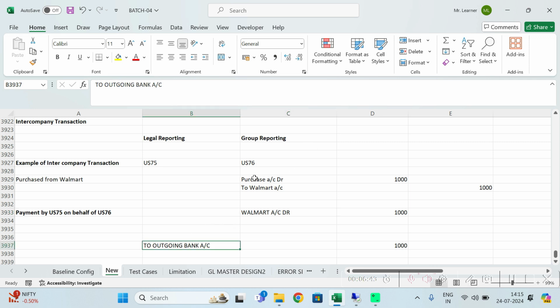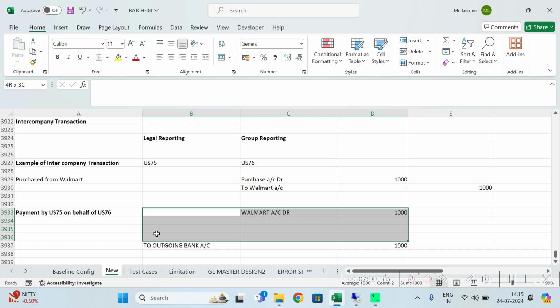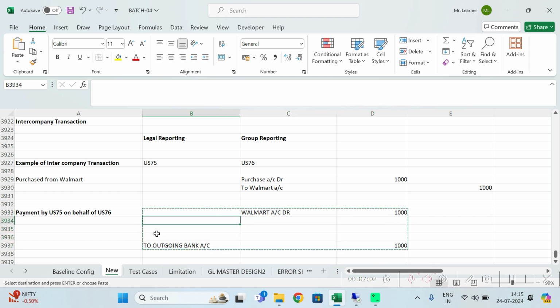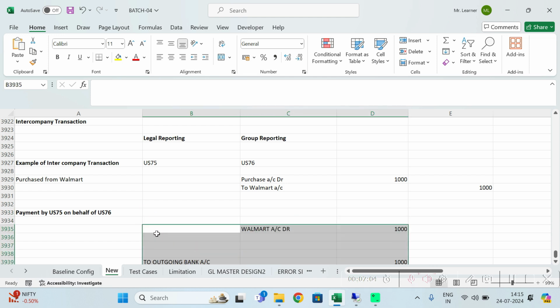But if you see here, you have a debit entry for US 76, but you don't have a credit entry. You have a credit entry in US 75, but you don't have a debit entry. Now you know that if you want to post any journal entry, then your debit and credit should match.